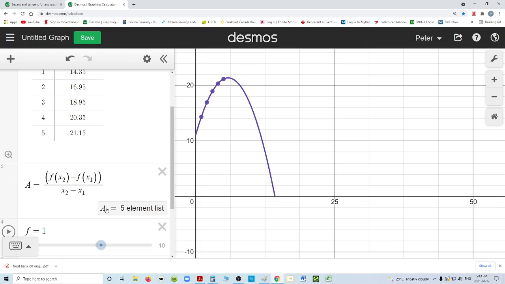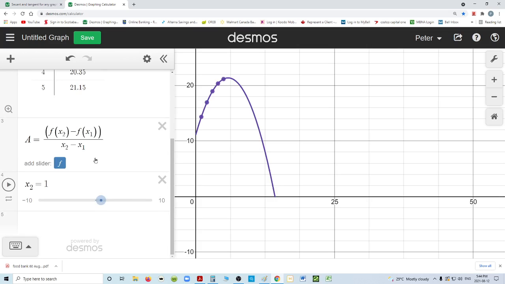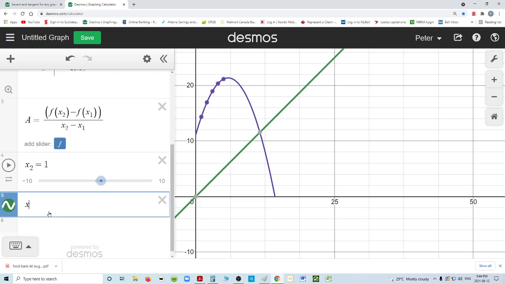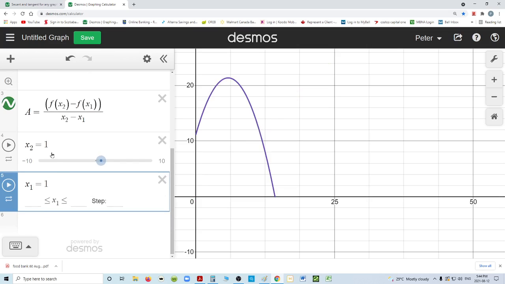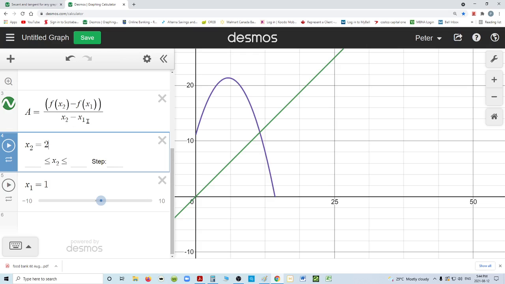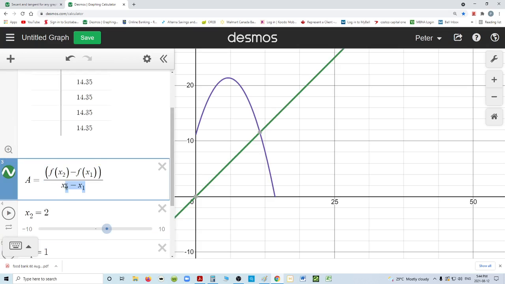And I can just do that. And I can say x1 is equal to 1, and I can make my x2 2. And actually, let's just plug it right in here.